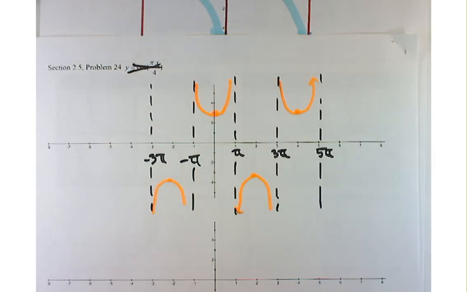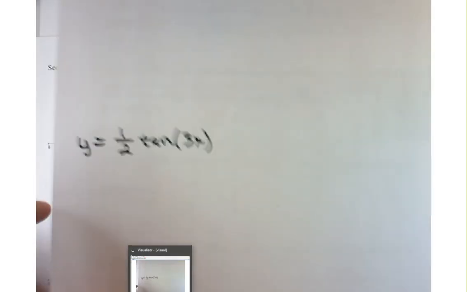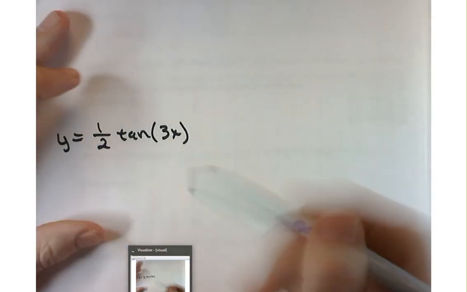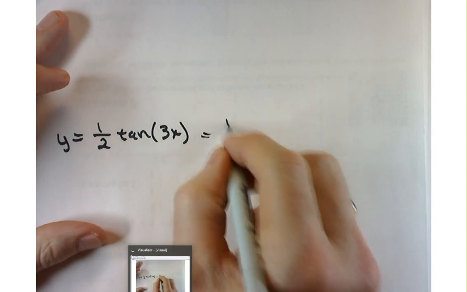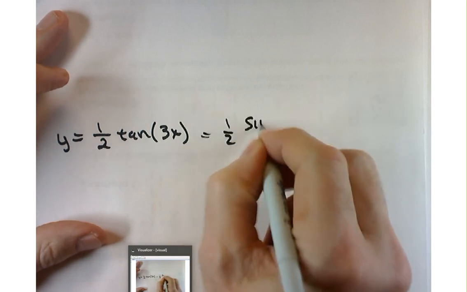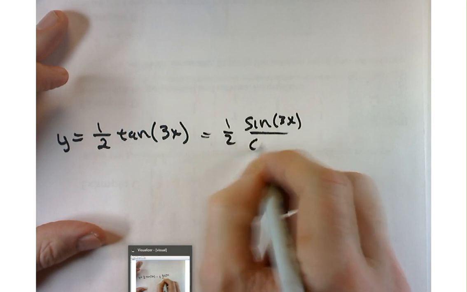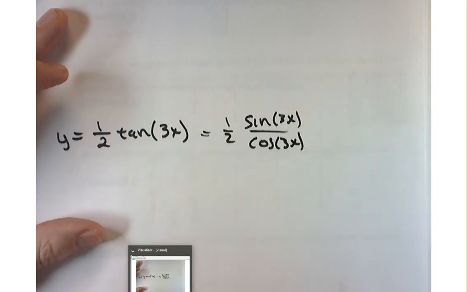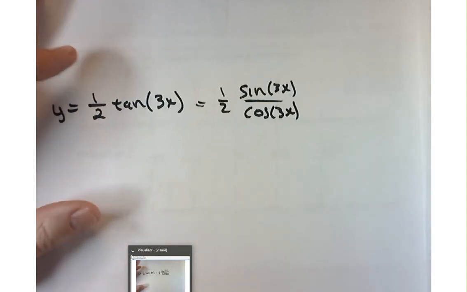Doing okay there? So the next one is going to look, let's see, where was the next one? 1/2 tangent of 3x. That's going to equal 1/2 times the sine of 3x over the cosine of 3x. This one's going to be a little bit more troublesome.